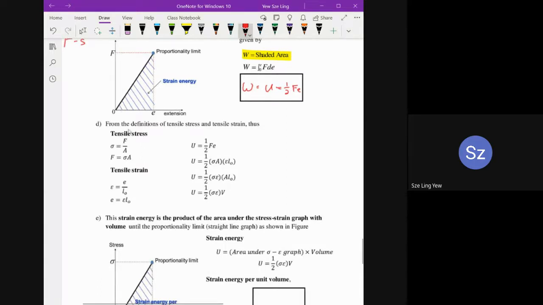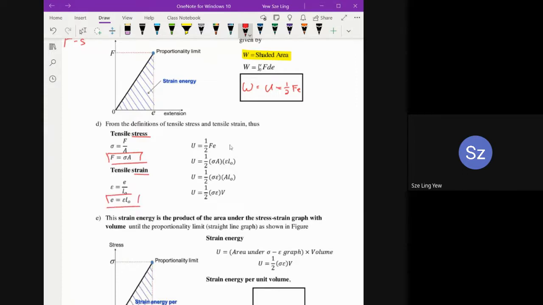Now from the definitions of tensile stress and tensile strain, tensile stress sigma equals F over A, so F equals sigma A. We have an equation for stress and an equation for strain. Now we sub them into the equation. Because we have F and we have e, we want to see what happens when we sub F equals sigma A and elongation equals epsilon L into the equation.